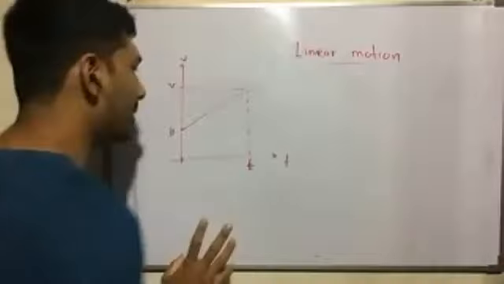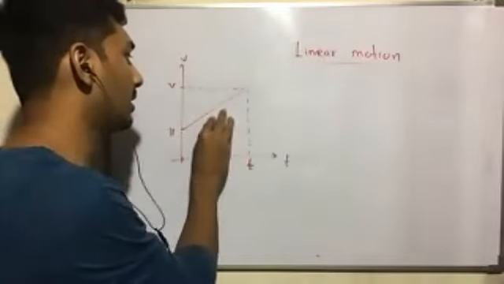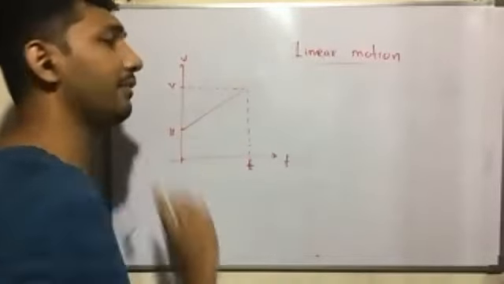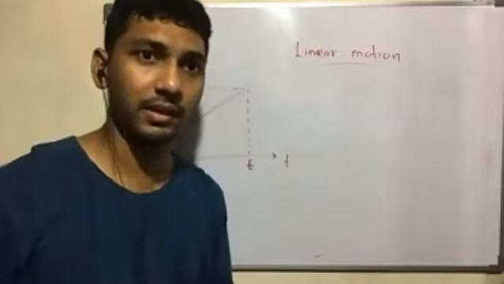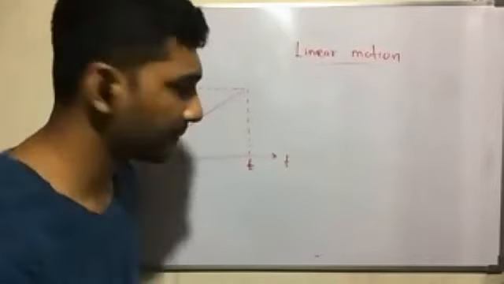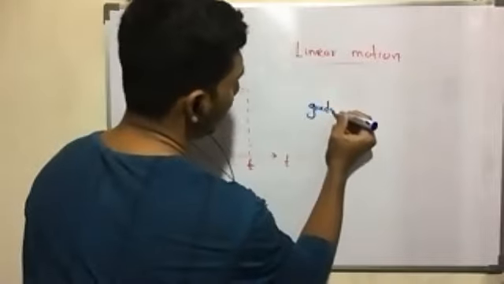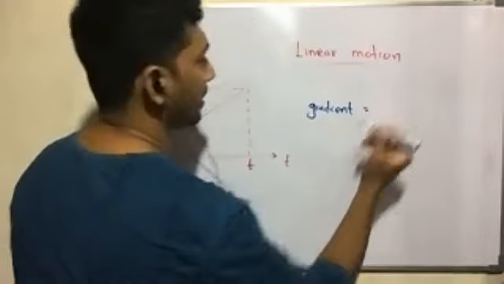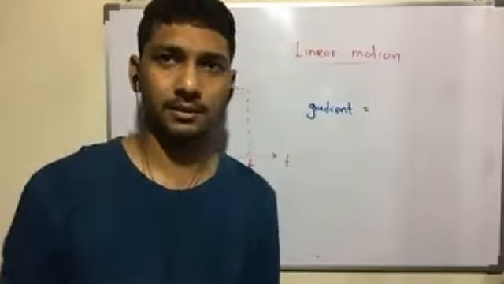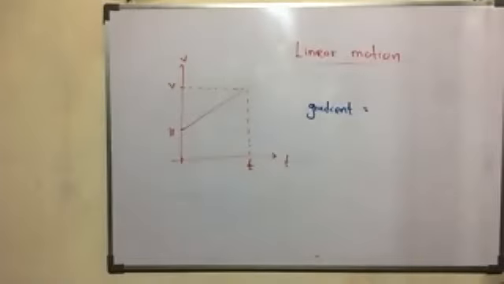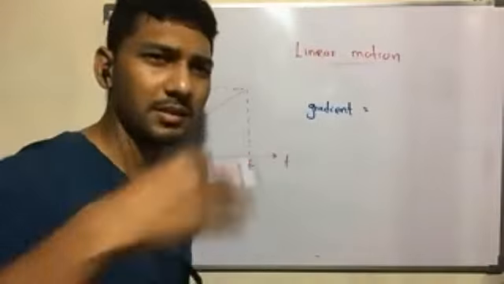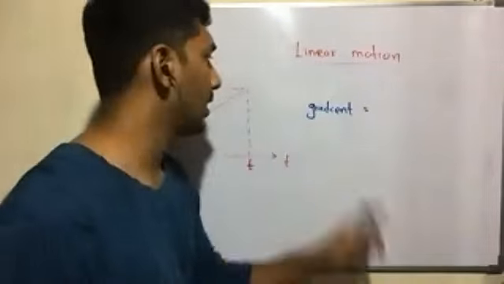So now just tell me, this line will have a gradient, right? Any graph will have a gradient. So what is a gradient? Can you tell me a general definition or general equation for a gradient? Isra, can you tell me?